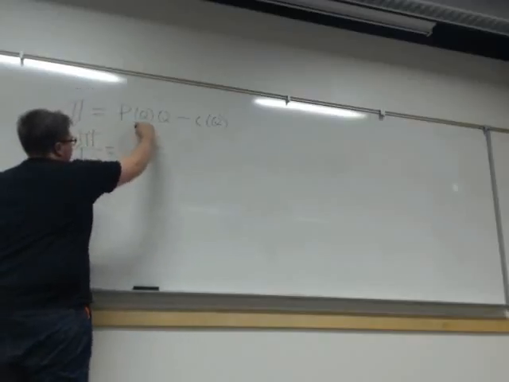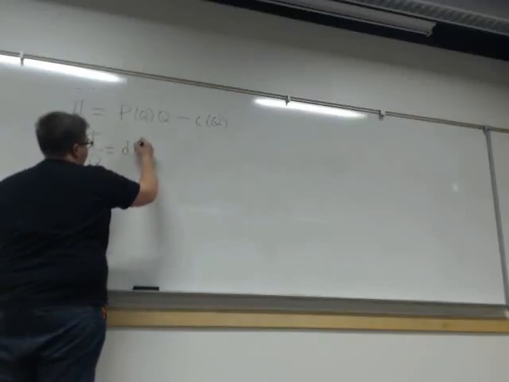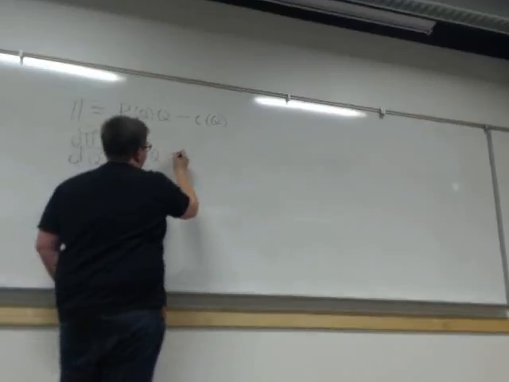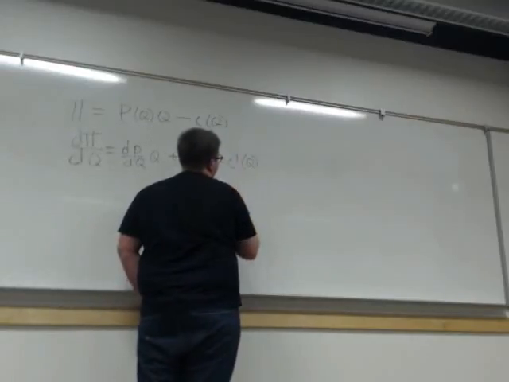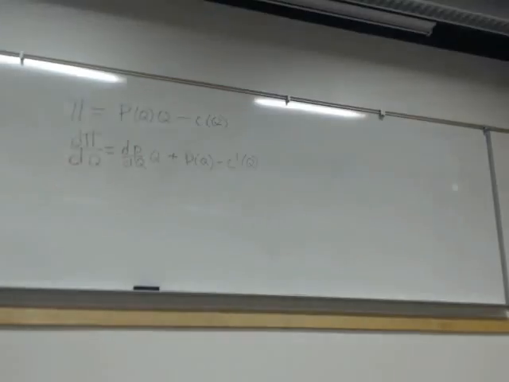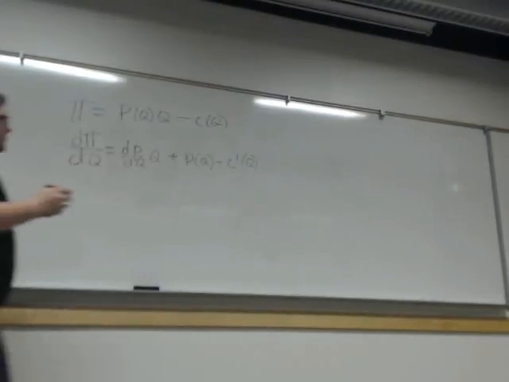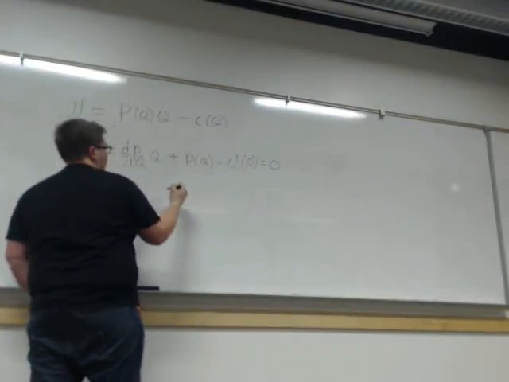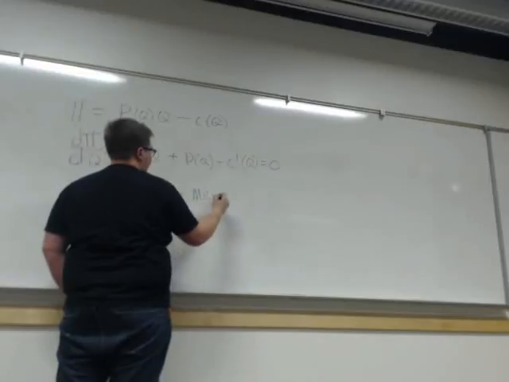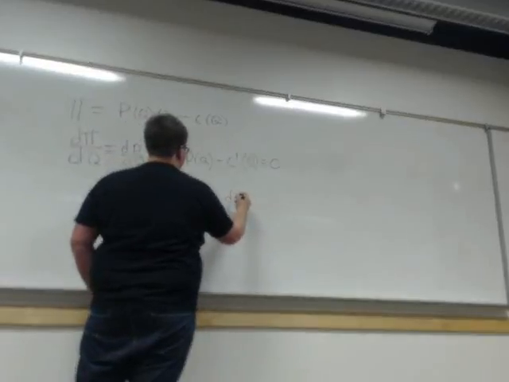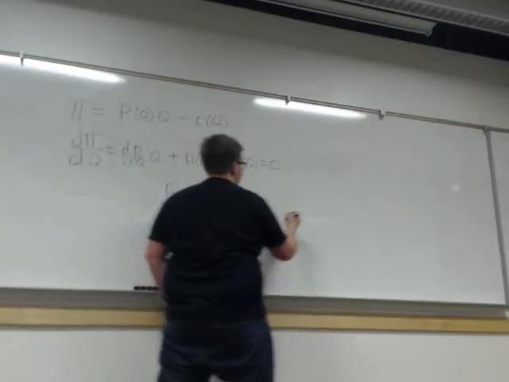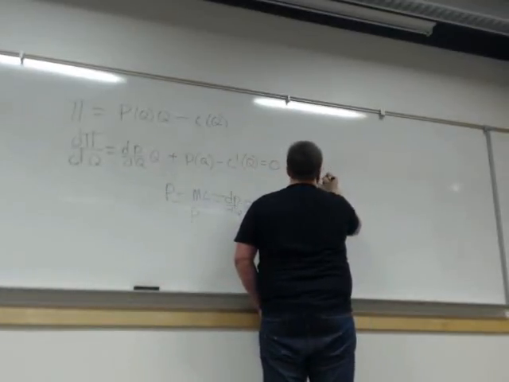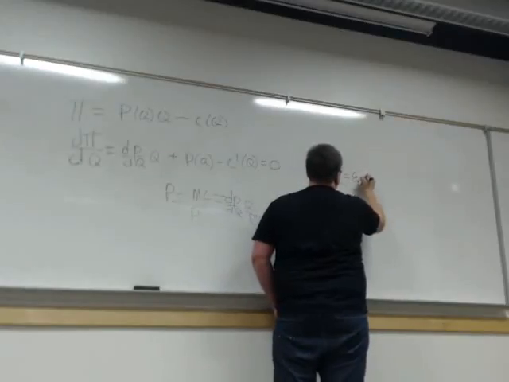Because what we want, right, we take this and we get P of Q times Q plus P of Q minus C prime of Q. And then you divide by P. And we get P minus MC equals dP over negative dP dQ, Q divided by P. Since we know dQ dP times P over Q is elasticity.